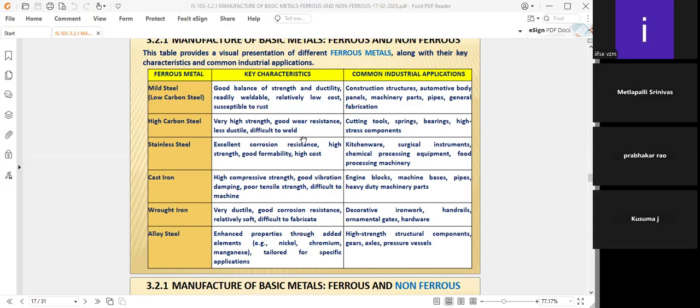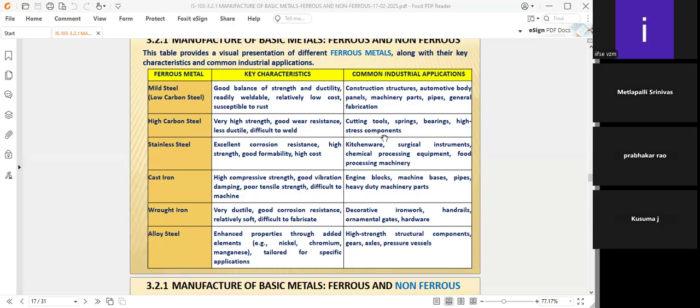Already we have discussed it, but at a glance: good balance of strength and ductility, readily weldable, relatively low cost, and susceptible to rust. Applications include construction structures, automotive body panels, machinery parts, pipes and general fabrication. High carbon steel has very high tensile strength, good wear resistance, but is less ductile and difficult to weld.